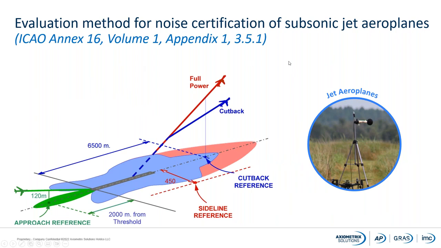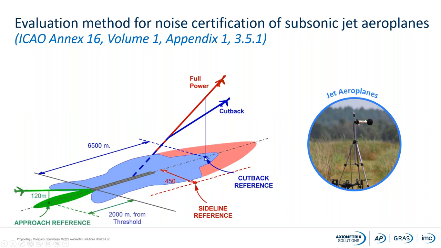The second setup that I'm going to talk about is the Annex 16, ICAO or FAA, Volume 1, Appendix 1, 351. This talks about how we actually do the certification of aircraft. And as you can see here, there is a sideline reference where you should have some microphones.